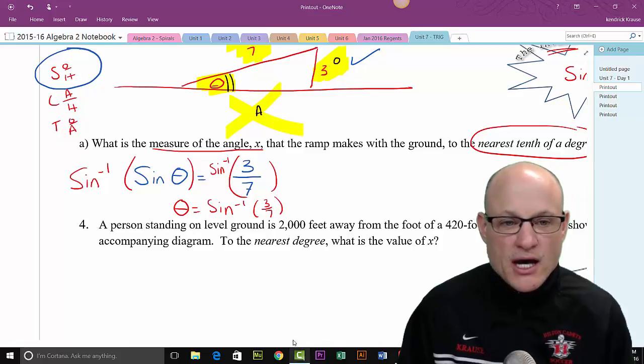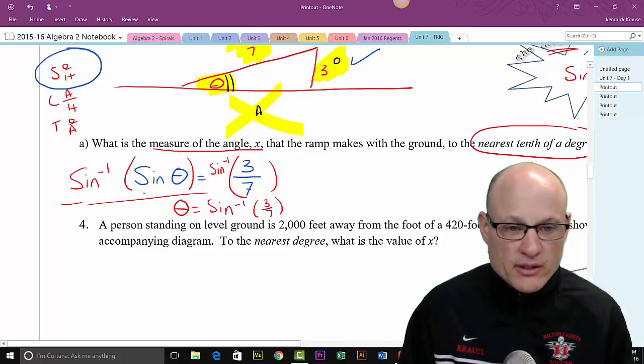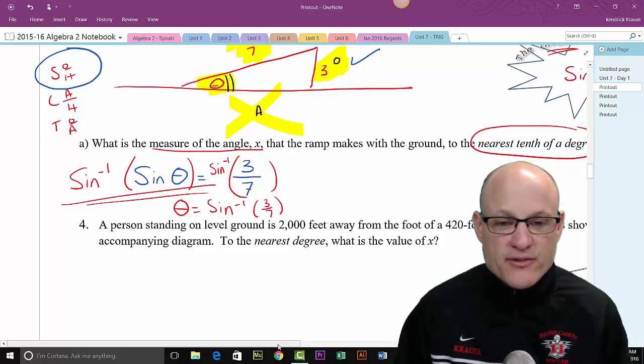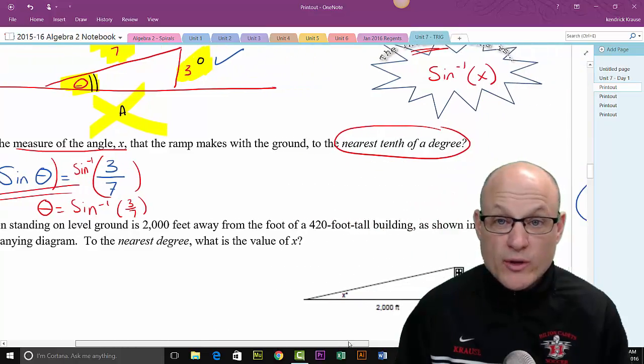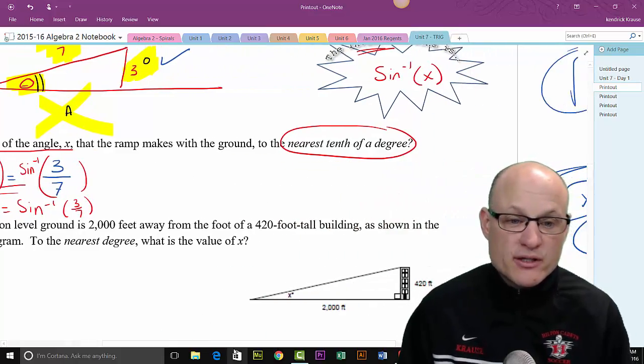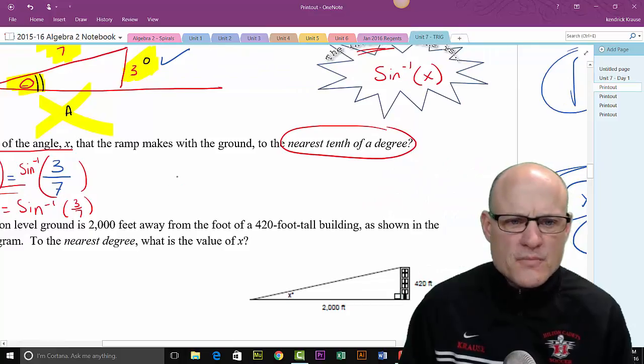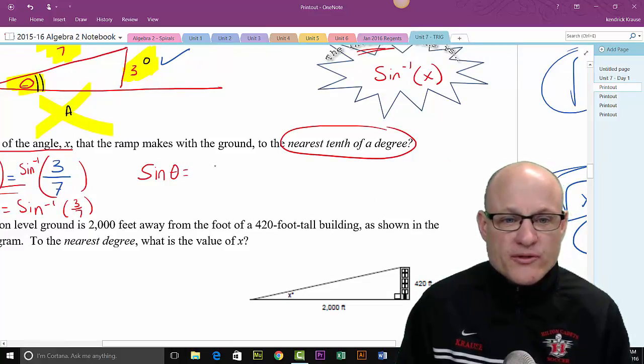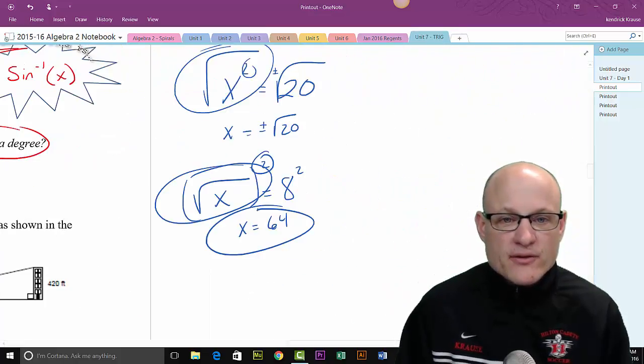Now, I think most of you are going to have a hard time remembering all this craziness. I want to get you to a point where you're just doing the math, and you understand where it comes from. But if you end up with sine theta equals 3/7 in the future, think about this.